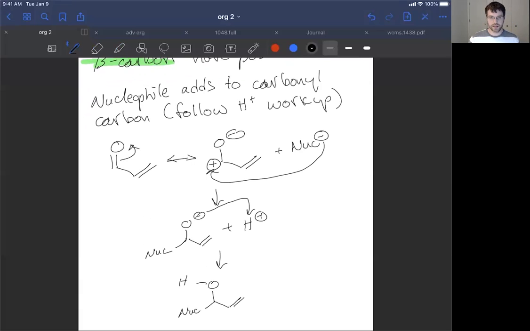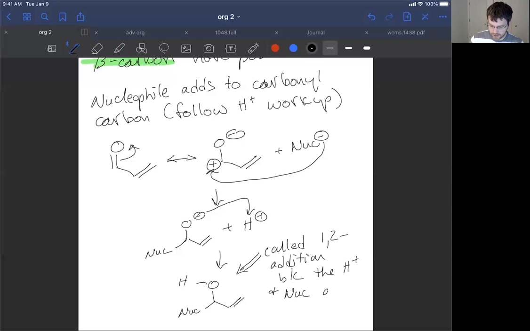As a shorthand, this type of addition is typically called 1,2 addition, because in this case, the H plus and nucleophile added to the first two atoms.